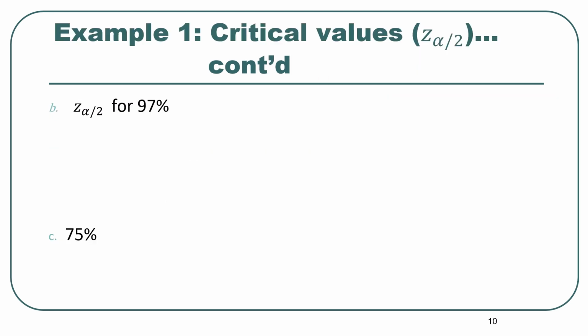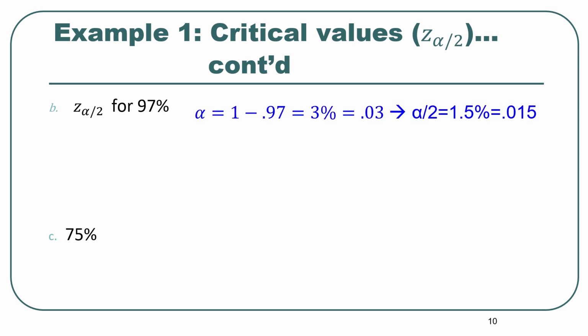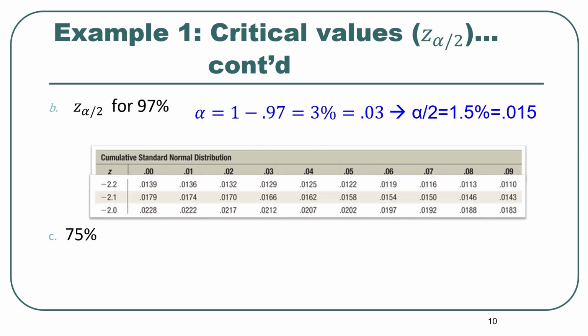And this is the second part. Again, we want to find the Z alpha over 2 for a specific confidence level, which is 97%. We get alpha as 1 minus 97%. This is 3% divided over 2. It's 1.5%. And I'm going to enter my table with that 1.5% and see the associated z value.